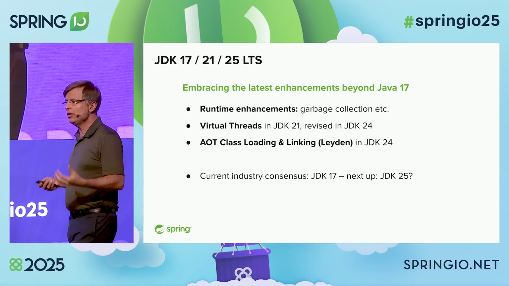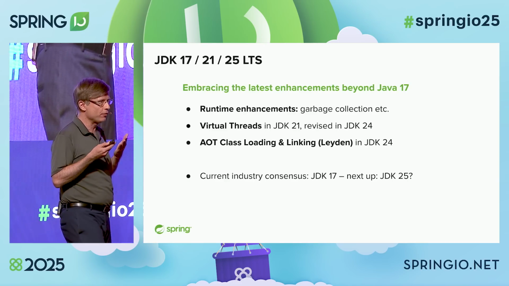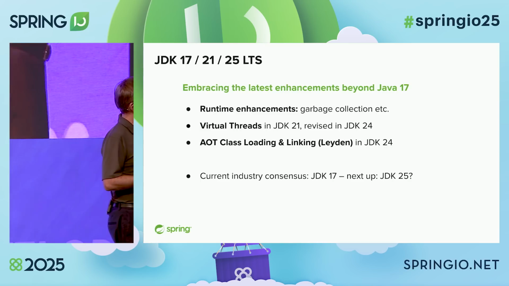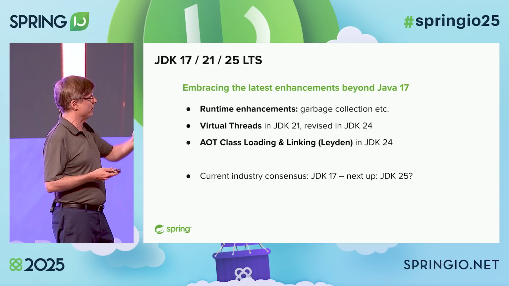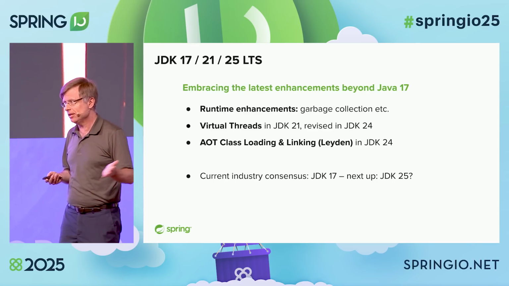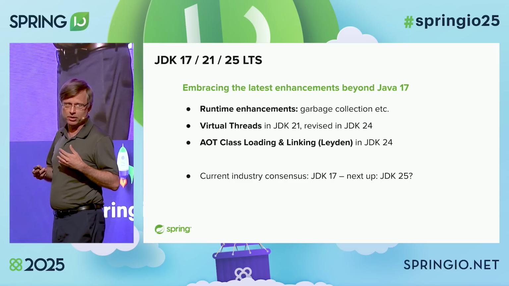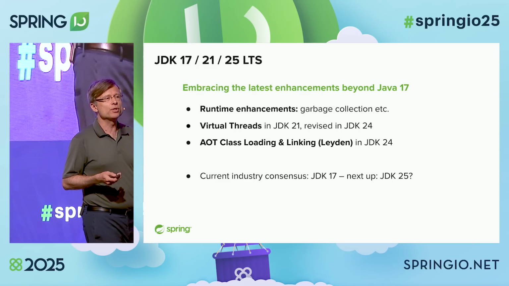However, we strongly recommend upgrading to at least the latest LTS release of Java whenever you perform a major Spring upgrade. So Java 17 may be the baseline, but there's so much goodness beyond Java 17, in particular in the recently released JDK 24, naturally picked up in the upcoming JDK 25 LTS. By all means, make use of it.